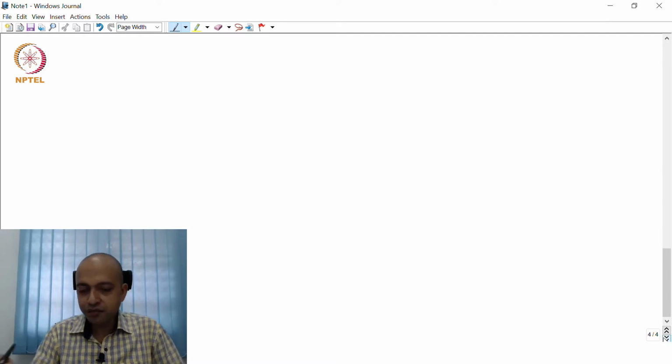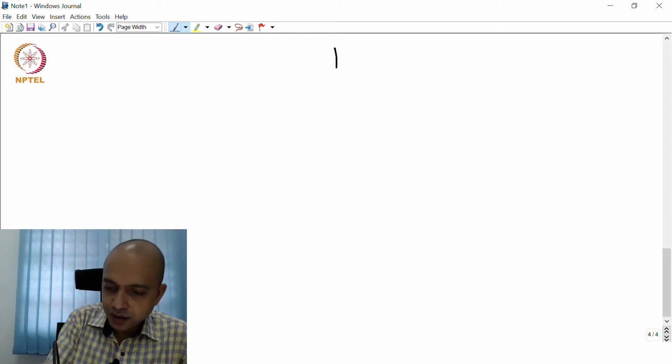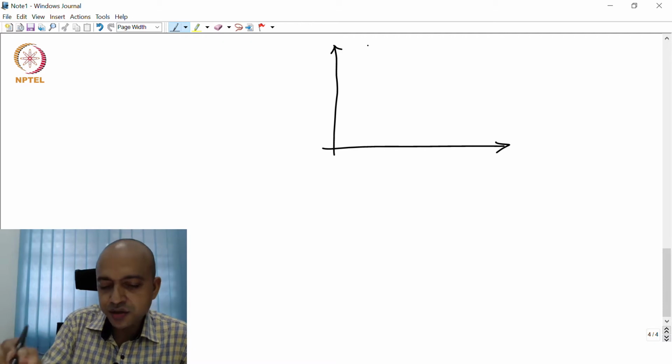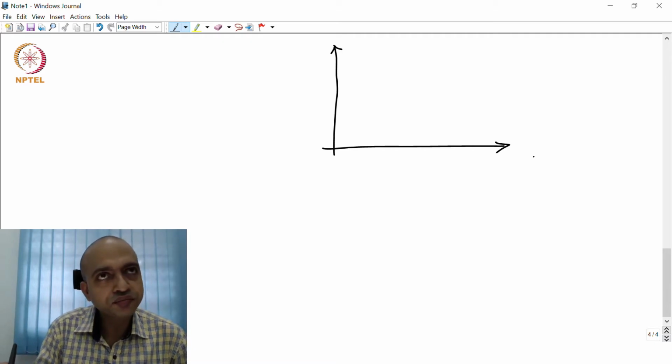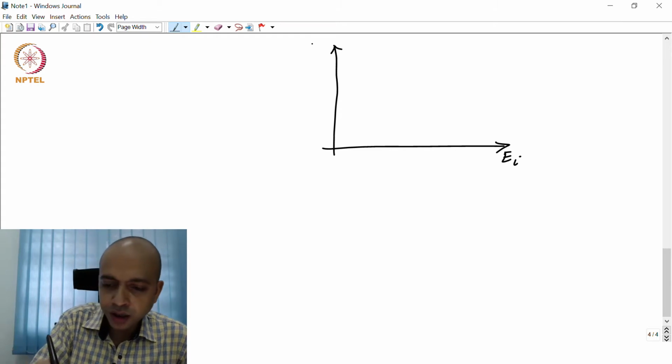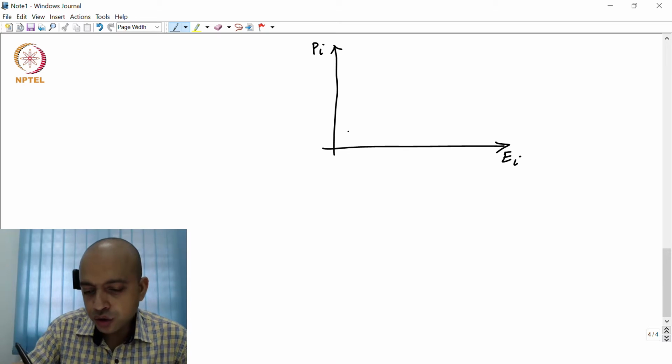In a simple diagram, let us say on the x-axis we are measuring environmental quality EI, and here this is housing price PI. The curve will look like this.